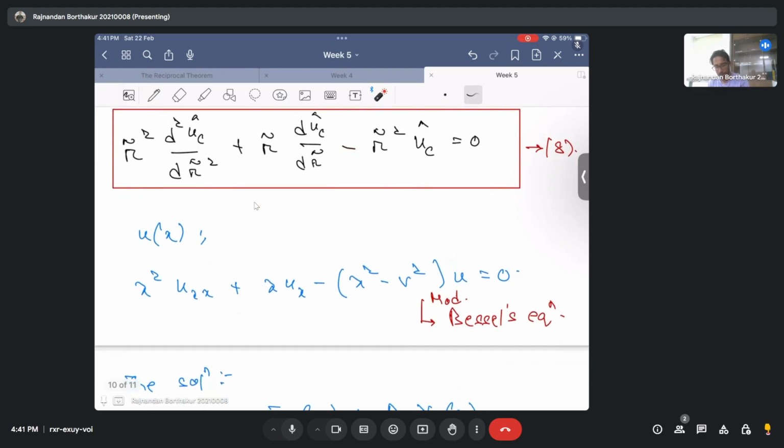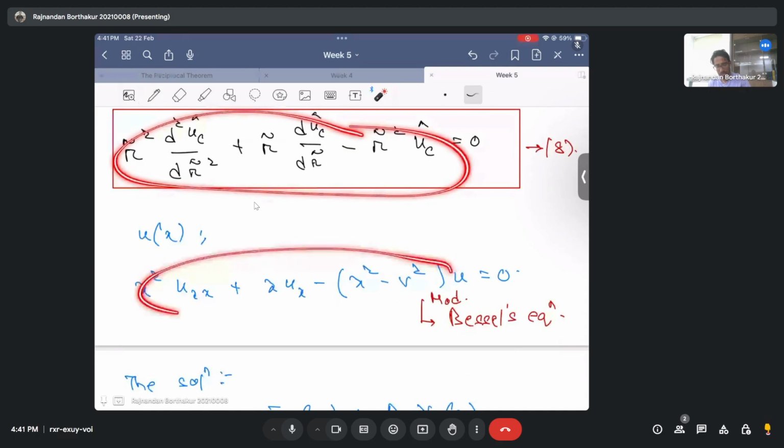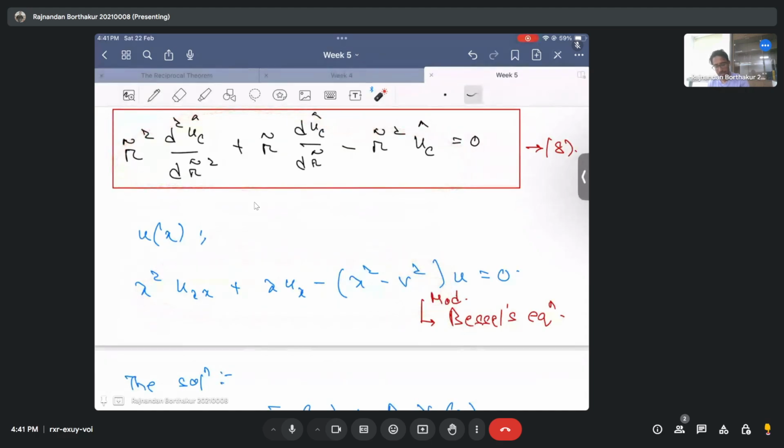Okay, so if you compare this equation and this equation, you can now say that equation 8 is essentially a Bessel's equation of order 0, because nu is equal to 0 here.